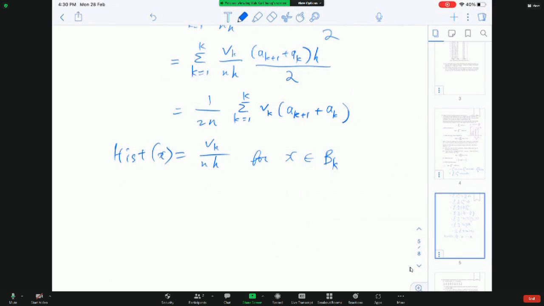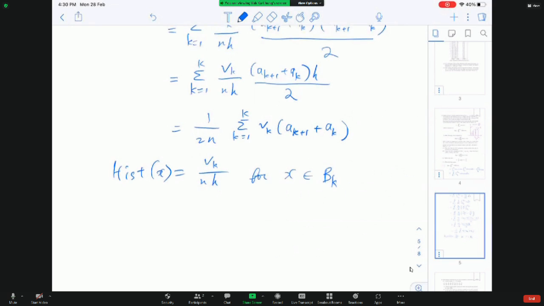The density that we determine by using a histogram is equal to the count in that class interval divided by the sample size, divided by the width of the class interval, for any x falling within this class interval. Okay. Is there any question?